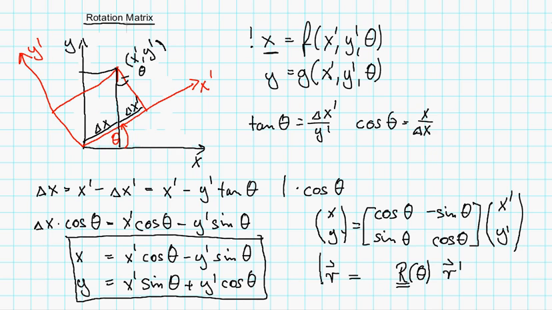So in short form, this is the rotation operation. R of theta is the rotation matrix, which transforms, in mathematical language, a position vector in a rotated coordinate system into a position vector of the unrotated coordinate system. Or in other words, consider you have something which is spinning, and you want to know what this position is in a non-spinning coordinate system.